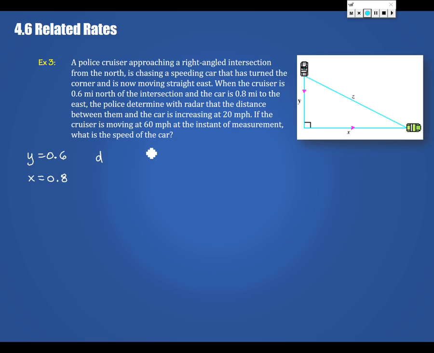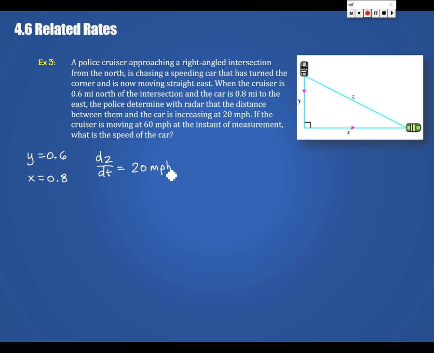So what's that? That's dz/dt. It makes sense that if you're the police officer, maybe you don't know dx/dt, but you do know, because you've got a radar, how fast it's moving away from your radar, right? That would be dz/dt. So that's 20 miles divided by hours, if you want to write that.